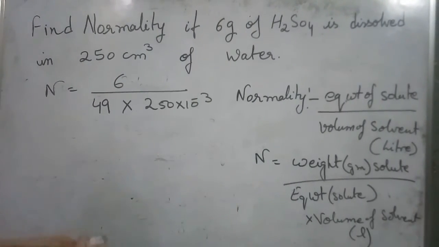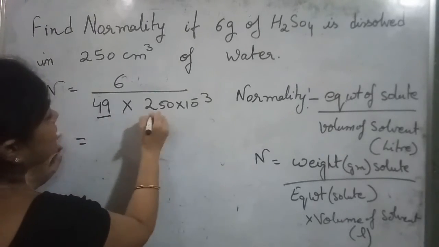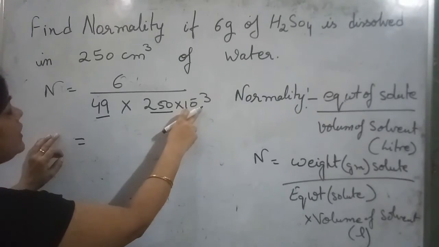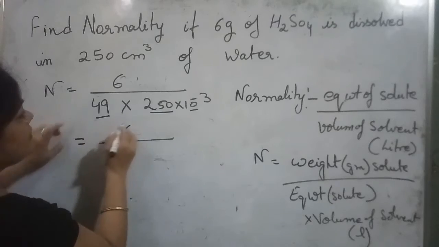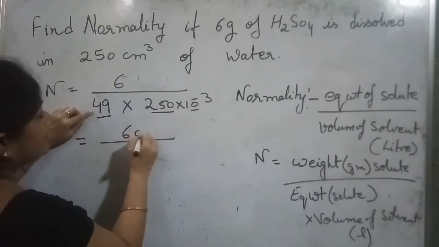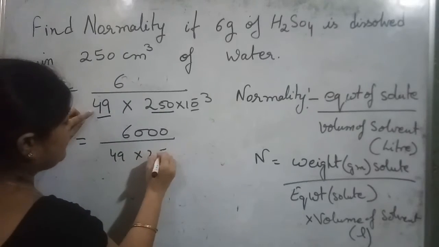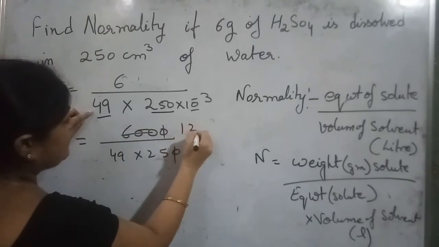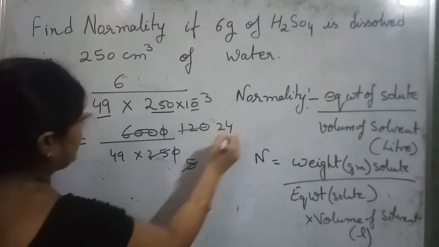When you solve it, you just multiply both quantities. Taking the 10 to the power minus 3 over, it becomes 6000 over 49 into 250, and it gets cut down. 5 ones are 5, 5 twos are 10, 5 fives are 25, and we get 24.